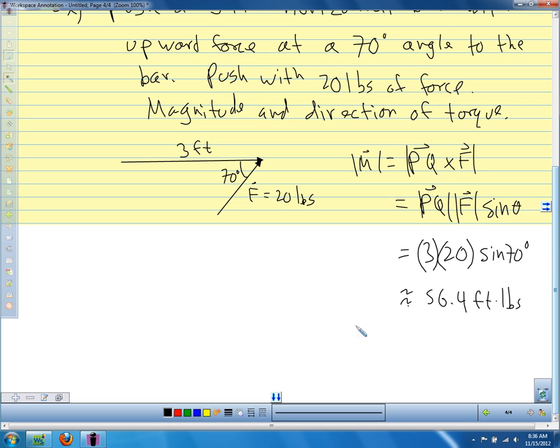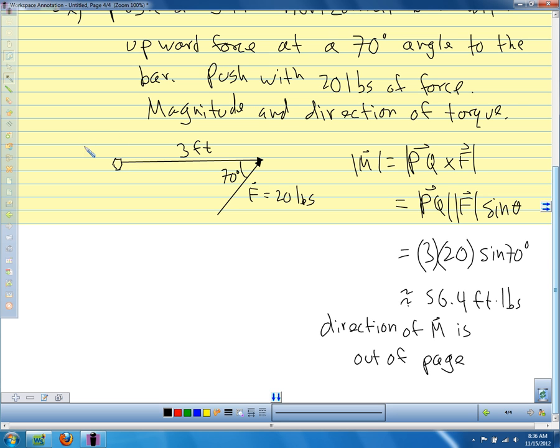So the direction of the vector would be directly out of the page, perpendicular. And our wrench is going to rotate, so our lug nut, if this is our lug nut here, is going to rotate counterclockwise.